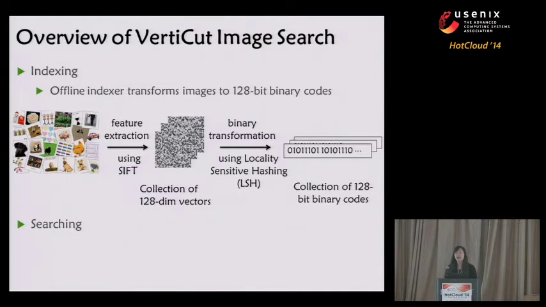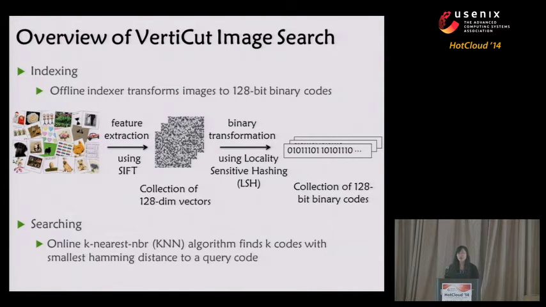If two images are close to each other in the SIFT space, the Hamming distance of their binary codes is small. To search for a query image, the search engine first transforms the query image to a 128-bit binary code, and then performs the k-nearest neighbor search in terms of Hamming distance.